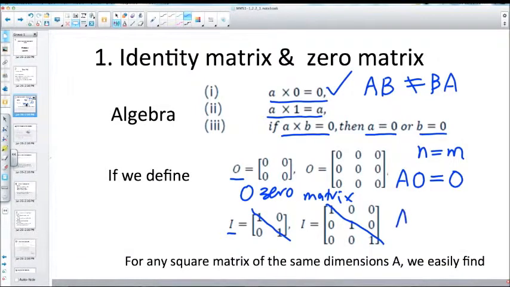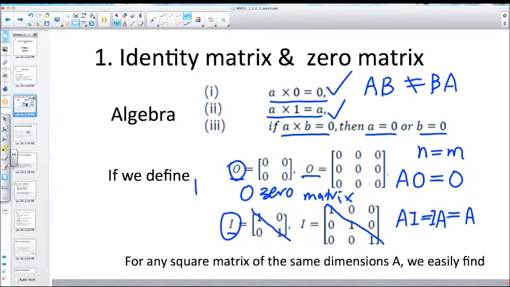We can find that A times I equals I times A, which always equals A. So in that sense, matrix algebra and linear algebra are the same: 1 times A equals A, I times A equals A. So I plays the role of the constant 1, and the O matrix plays the role of the 0 in algebra.